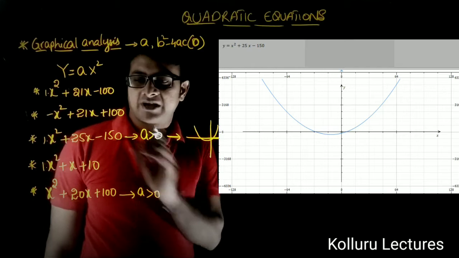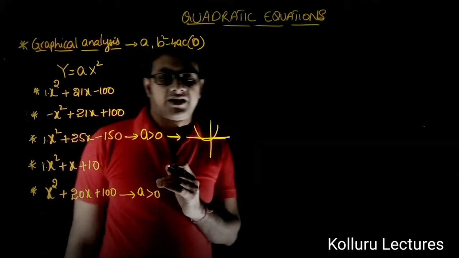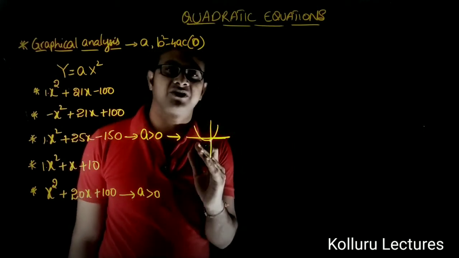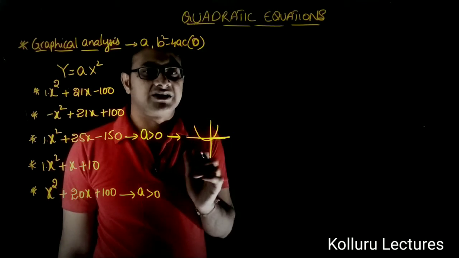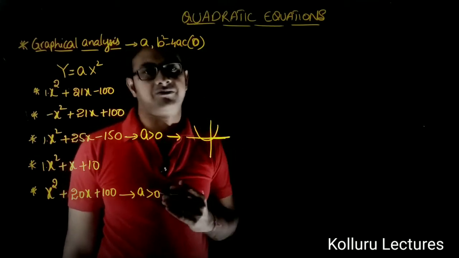So this is about x square plus 25x minus 150. The conclusion is that a is greater than 0 and b square minus 4ac is also greater than 0, so the graph will intersect the x-axis at 2 points and it will be open upwards.